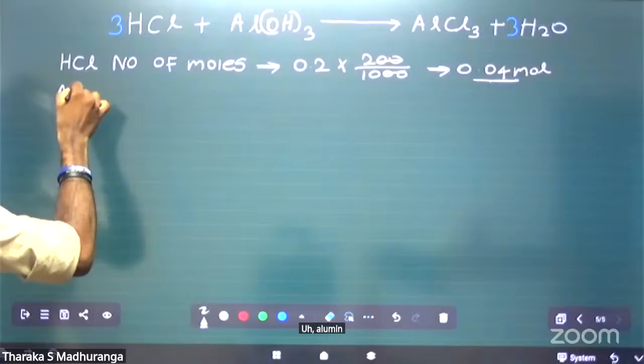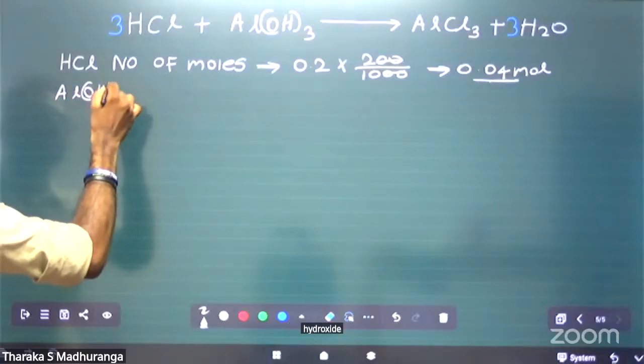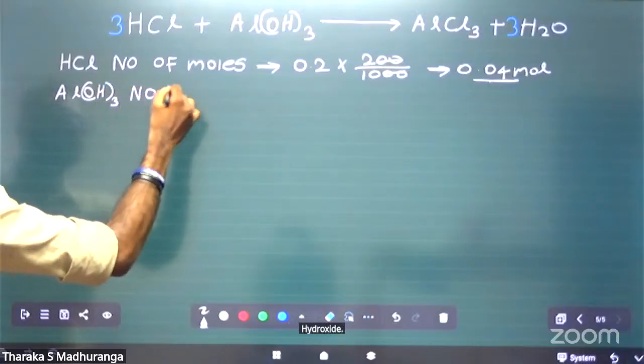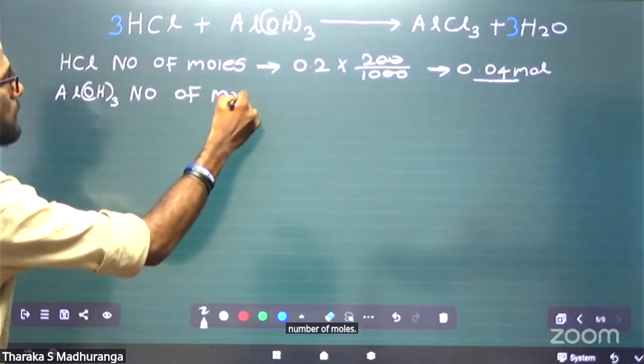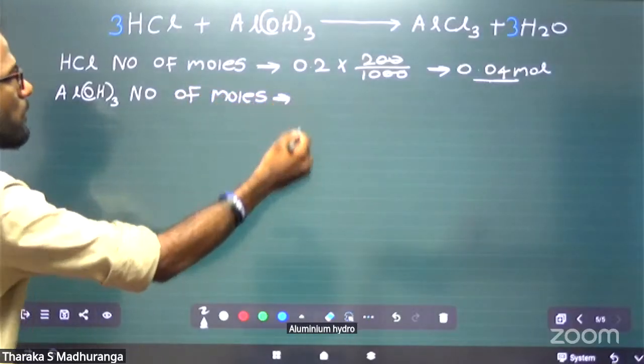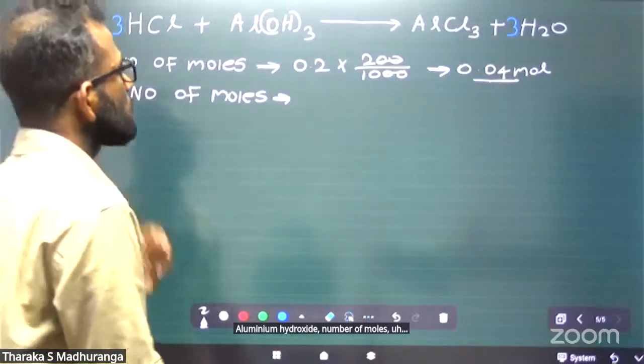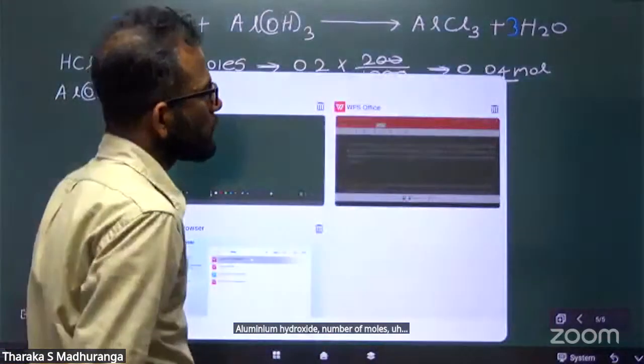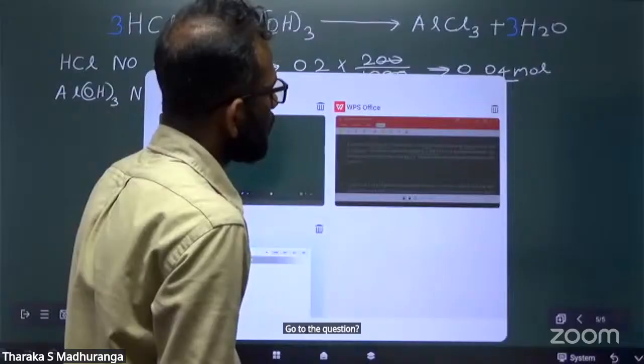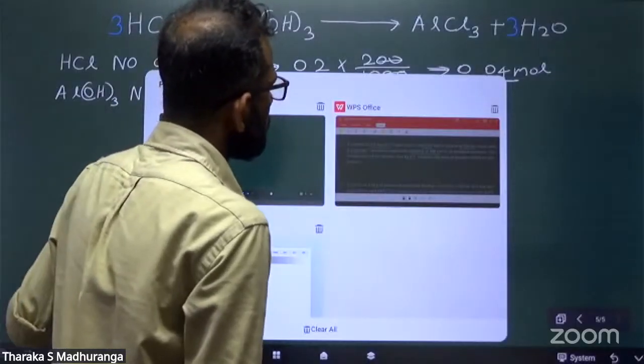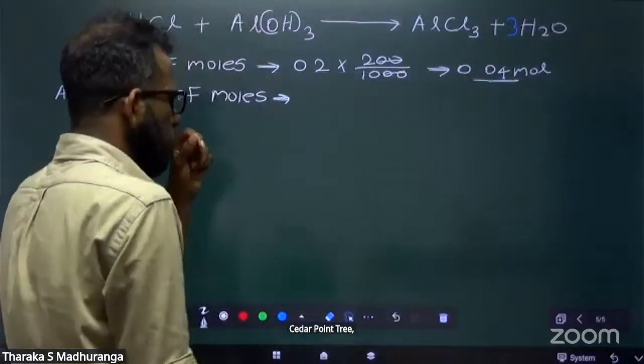Aluminium hydroxide, number of moles. Go to the question: 0.3, only 100.